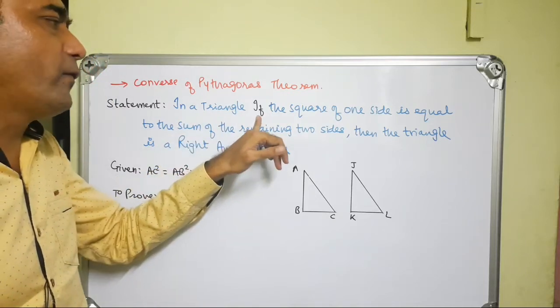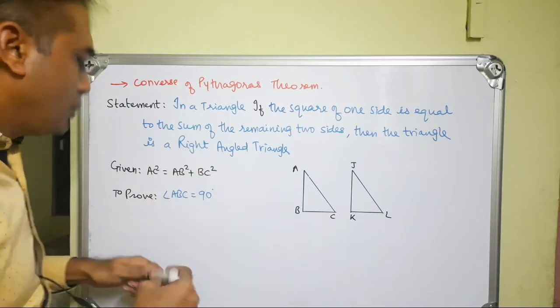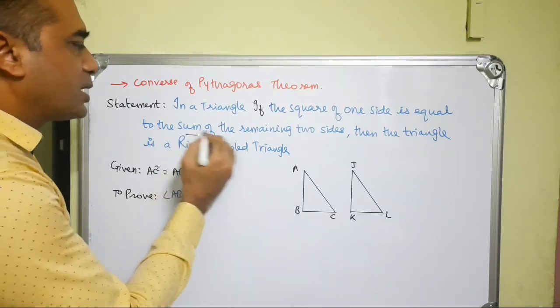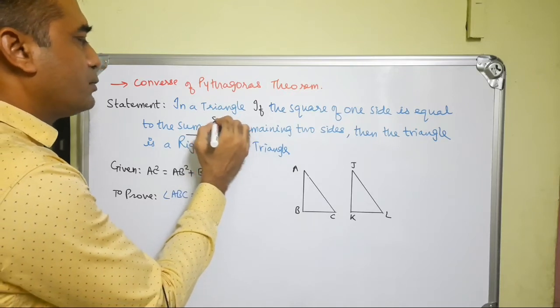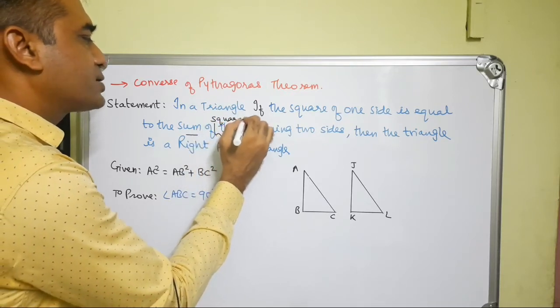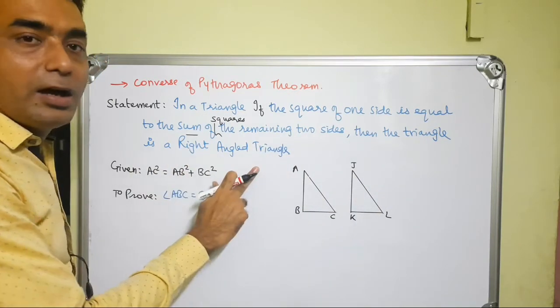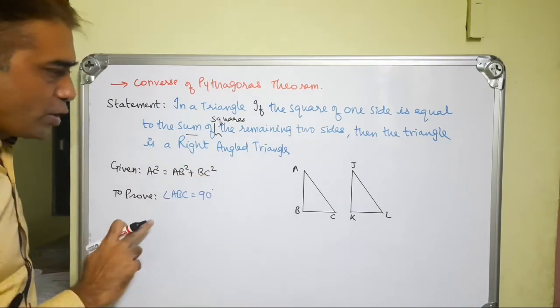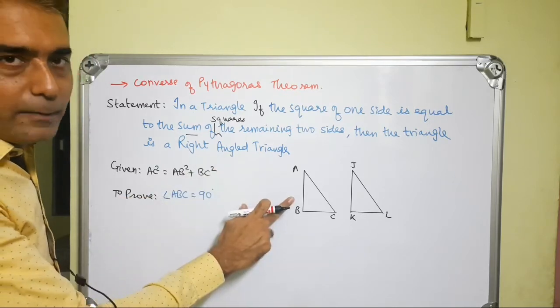In a triangle, if the square of one side is equal to the sum of squares of the remaining two sides, then the triangle is a right angled triangle. Now here we will prove this theorem in this triangle.